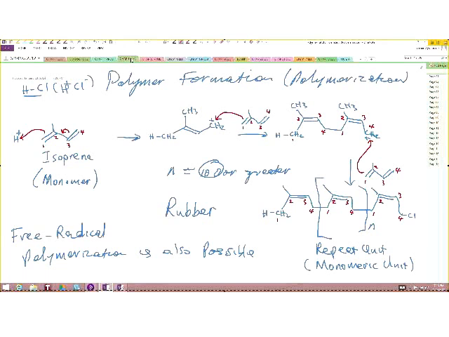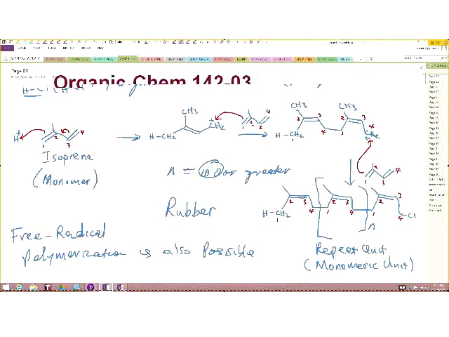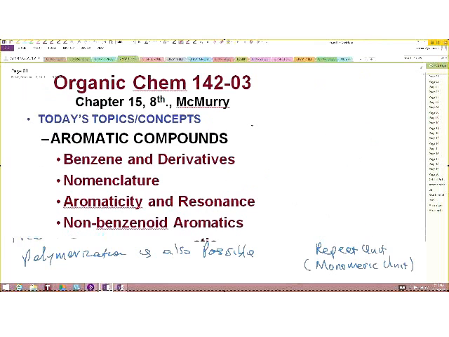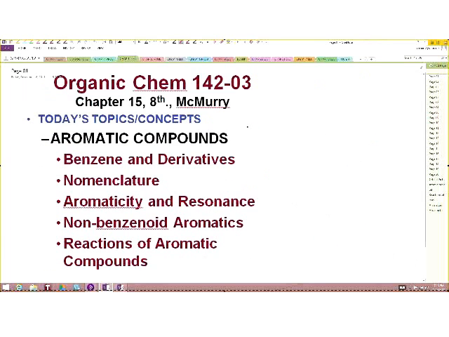Chapter 15. So at this point, you guys should be able to do all of those problem sets, and that is why I extended the assignment till Sunday. Okay, so with chapter 15, what we want to do here is begin a discussion of what we call aromatic compounds.